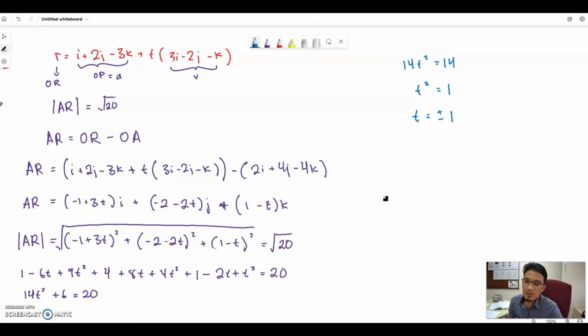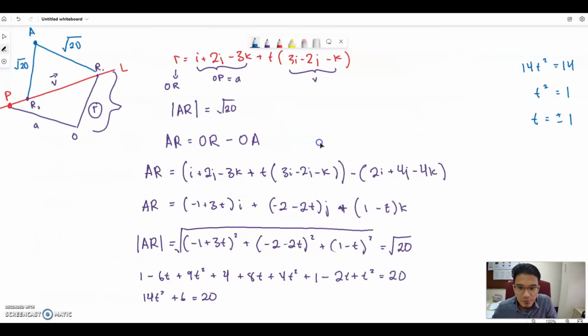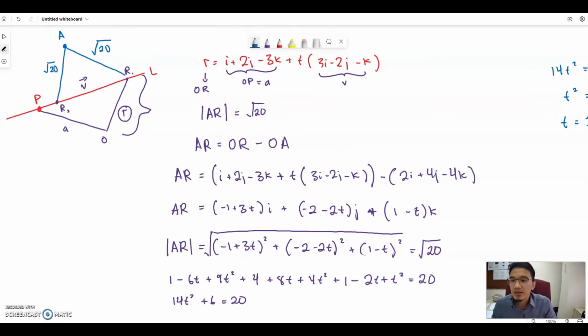So to find the position that is at the length of square root 20 from point A, we have to use the vector equation of R, because OR is the direction vector.